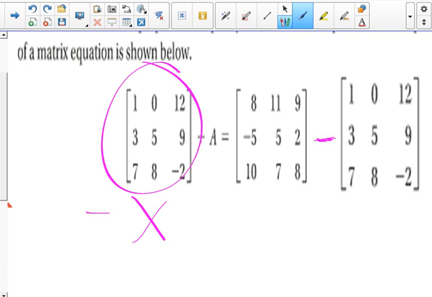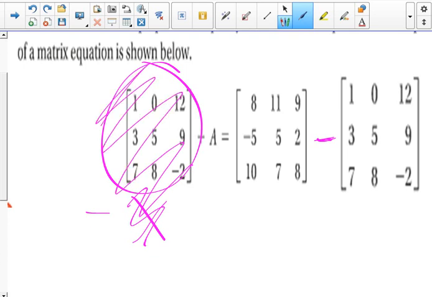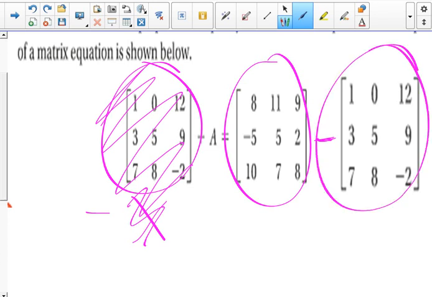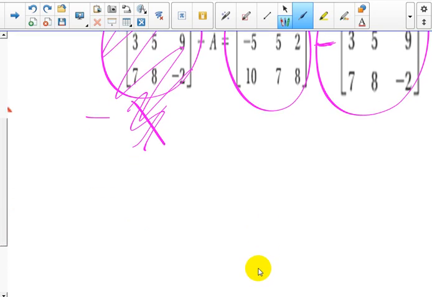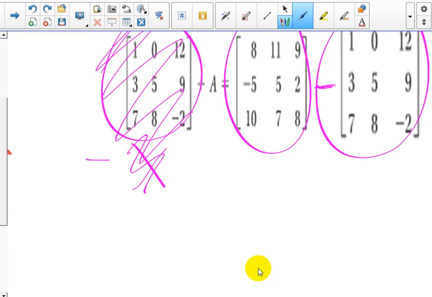See? So we're subtracting this, and then this goes away. So I have A is equal to this matrix minus this matrix. Is everybody with me? So now, to solve for matrix A, we're going to just perform the math.